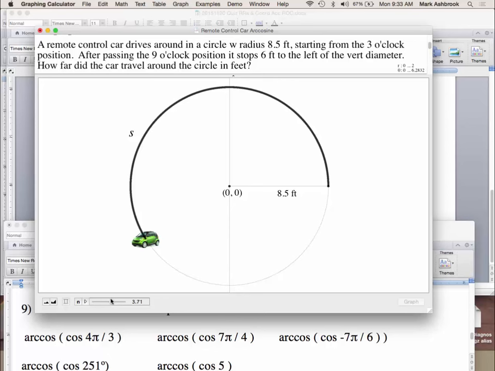How far did the car travel? Okay, so how far did the car travel? So what do we have? We have a horizontal distance, or 6 feet to the left. And we want arc length.